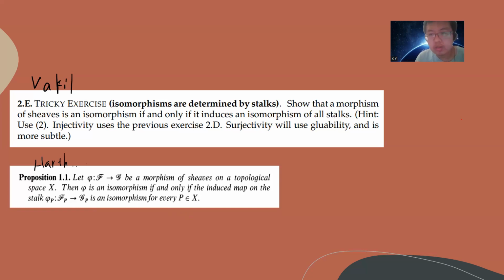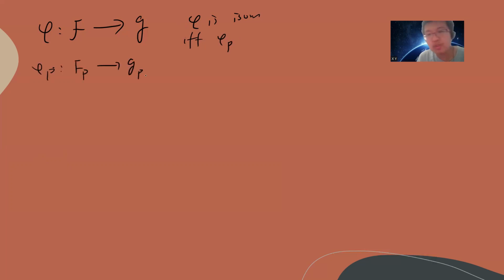Okay, so let's prove it. Let's follow Hartshorne's notation. We want to show that phi is an isomorphism if phi_p is an isomorphism. By the way, if you haven't seen my previous video, you can check it out: a morphism between sheaves will induce a morphism between the stalks.